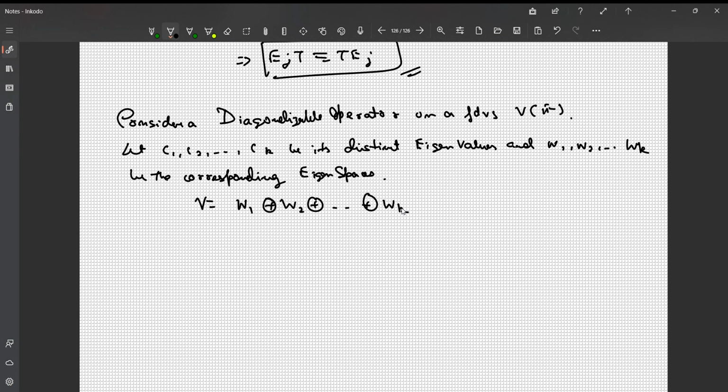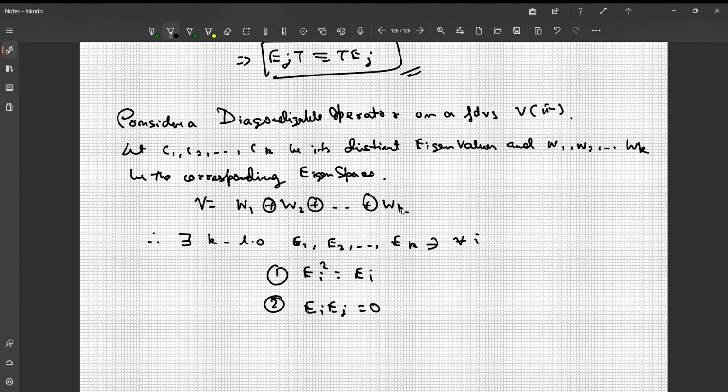Is it clear? Now, obviously, if such a direct sum decomposition exists, then from the theorem we had in the previous lecture, there exist linear operators E1, E2 till Ek such that they obey these conditions. So Ei squared is equal to Ei for all i.